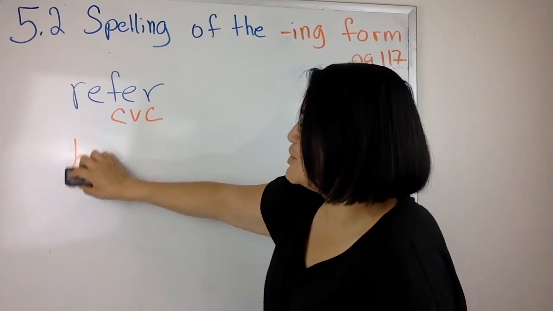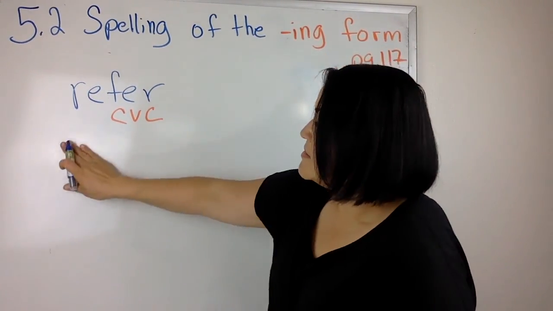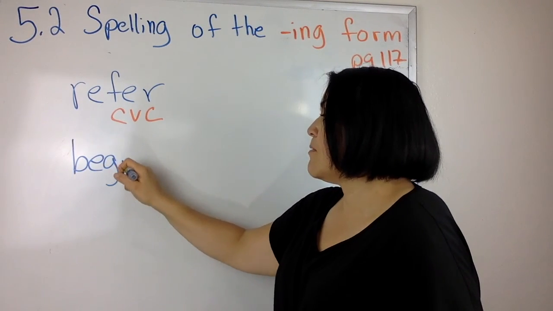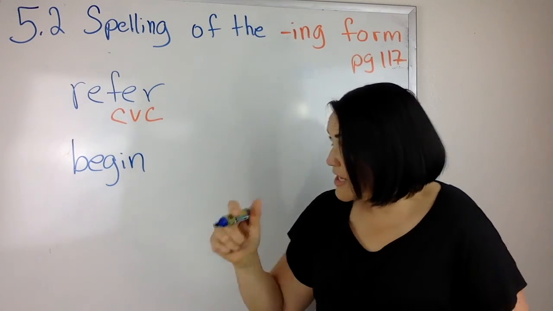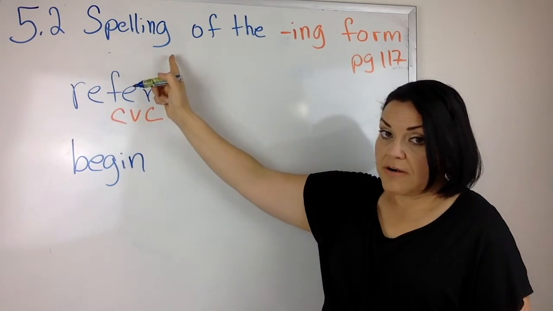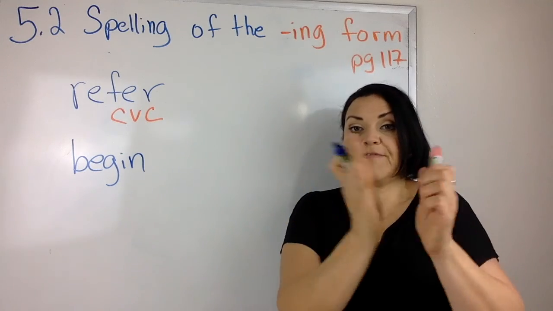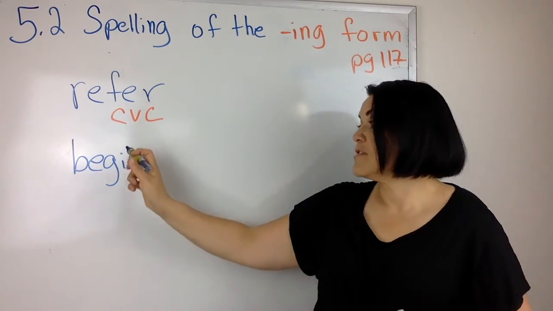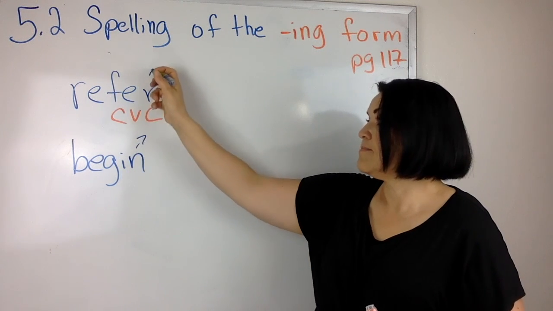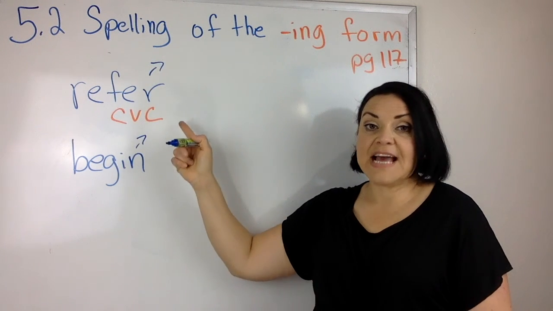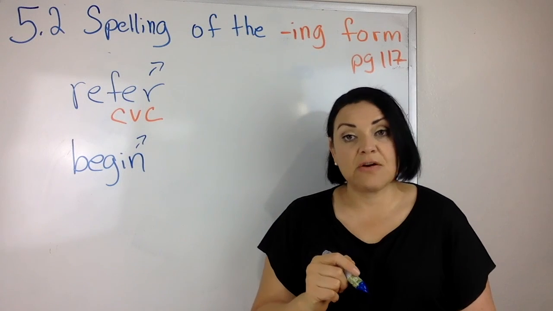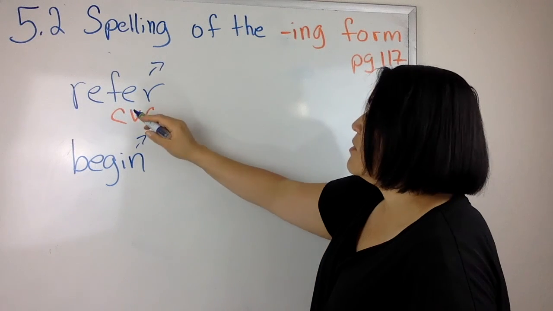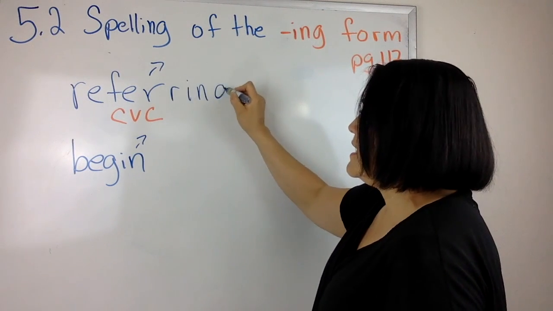A lot of times in your speaking class, you might know a little bit more about stress, which is when it goes up. Refer, it's two claps. Begin, begin. So the sound goes up. When that last sound goes up, you also repeat the last letter. Referring.